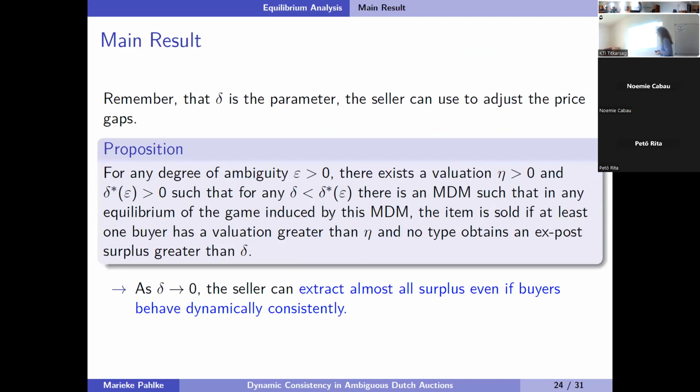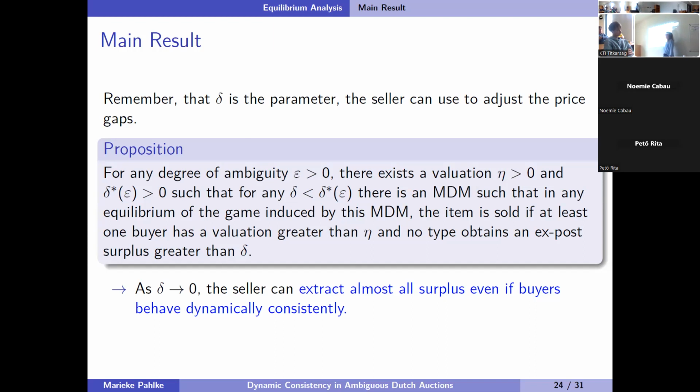And the main result is basically: for any degree of ambiguity, for any size of this epsilon contamination, we can find a valuation such that we can construct the price sequence such that every buyer with a valuation higher than this valuation accepts one of the prices. And the ex post surplus for the buyers is always smaller or equal than that.